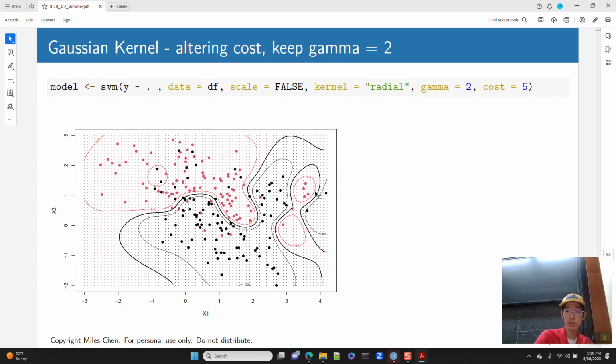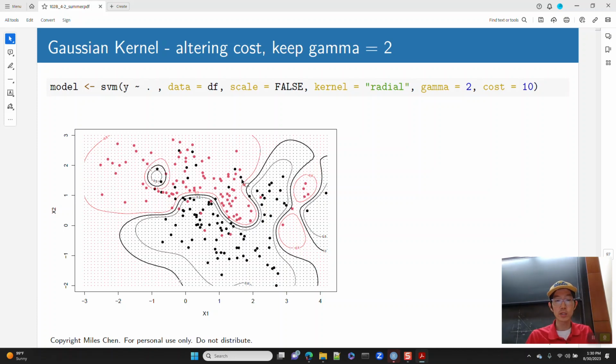And now we see this kind of enclave, or exclave, appearing for the red dots that happen to fall in this region. It says, okay, we really want to avoid misclassifications here, so we're going to give this its own little red sector when I have cost equal to 5.